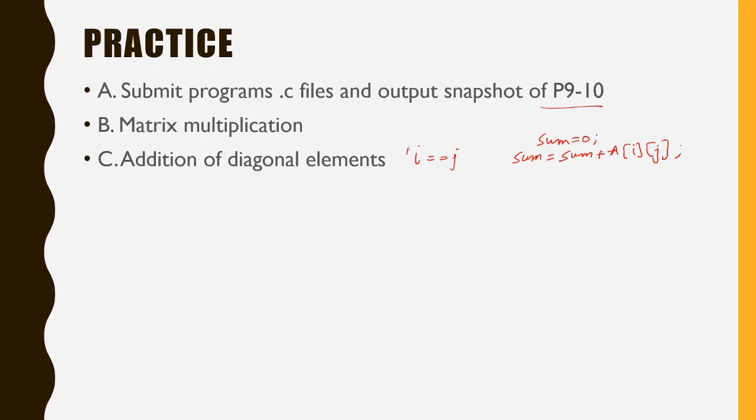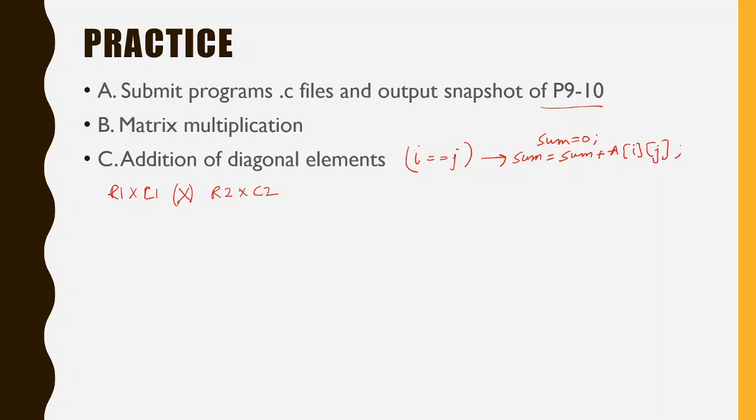Okay, so this condition you can follow, and this is the method to do summation of all diagonal elements. Fine, for matrix multiplication, let me show you an example. I believe you all know that matrix multiplication requires R1 cross C1, multiplied by R2 cross C2.